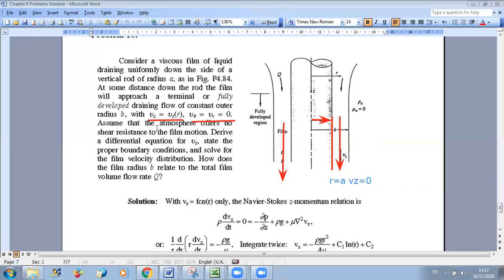They said assume that the atmosphere offers no shear resistance. What do we mean by no shear resistance? What can we conclude?